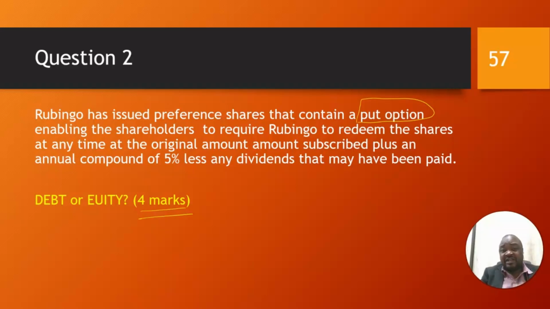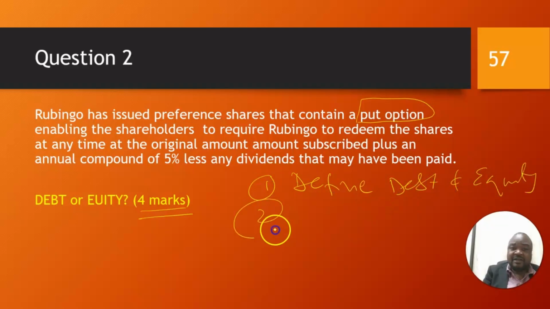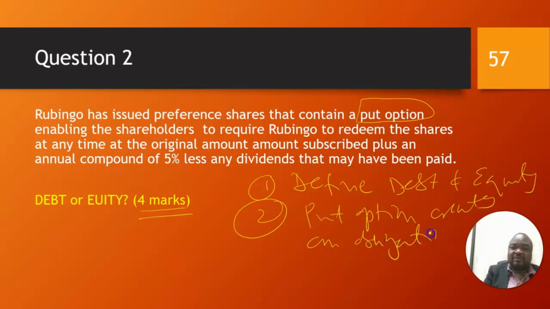So you need to start with the definitions, define debt and equity. Number two, talk of the put option. The put option here creates an obligation on the part of the company. So the company is to redeem the shares at the whims and call of the shareholders. So there is an obligation.